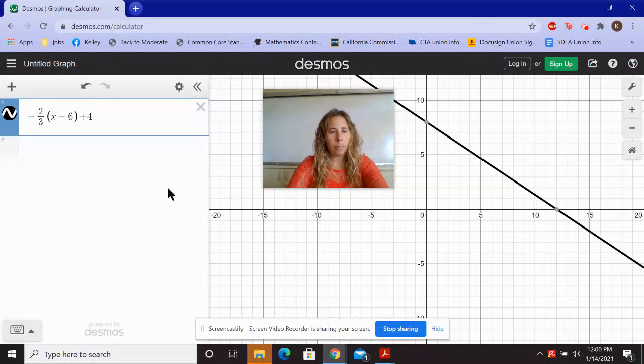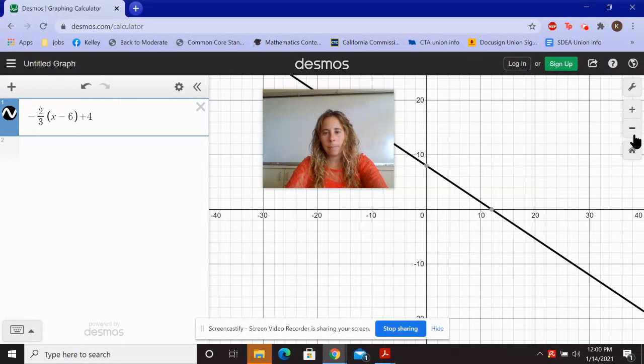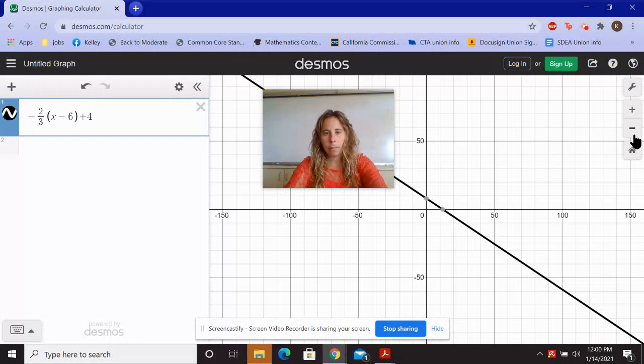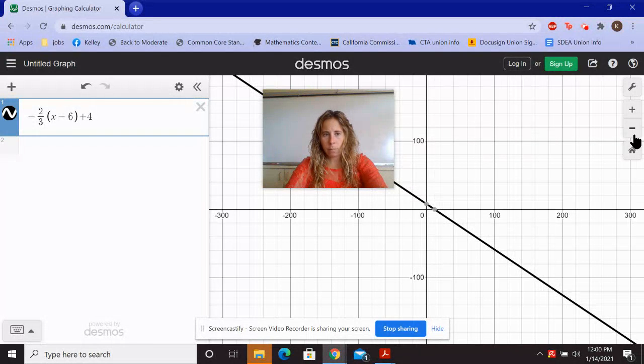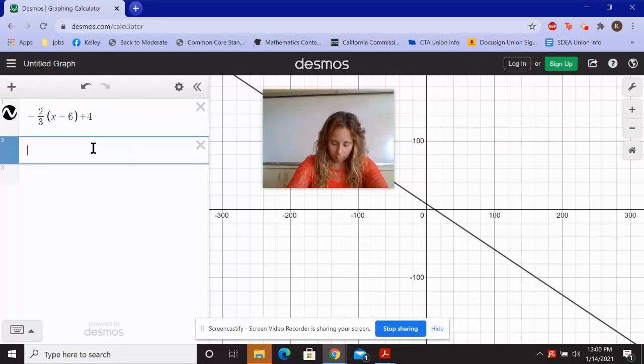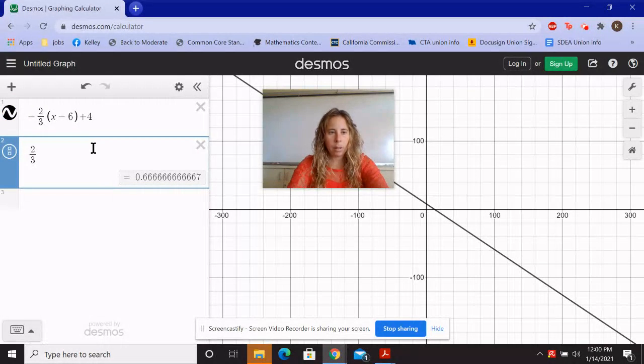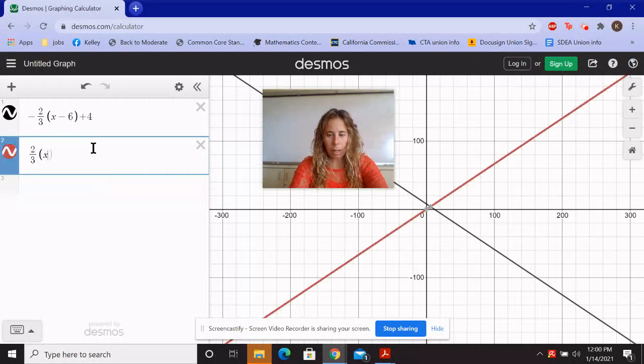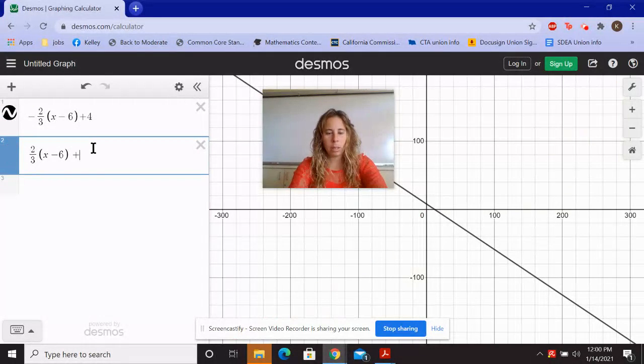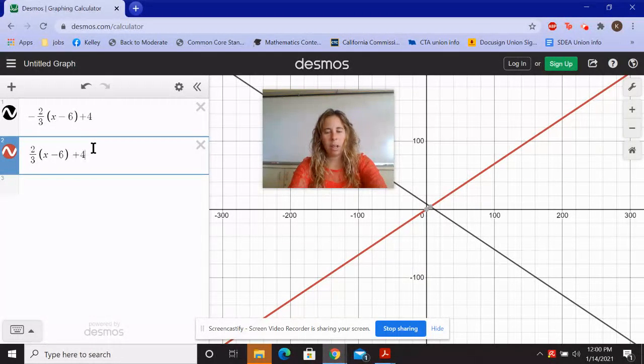Okay, that's one of them. Oh, that's because I don't have the other one in here. And then the other one is 2/3 x minus 6. Oh, that makes it confusing.